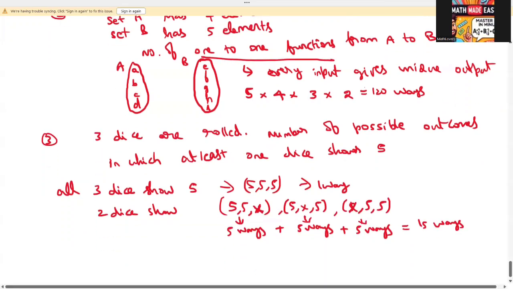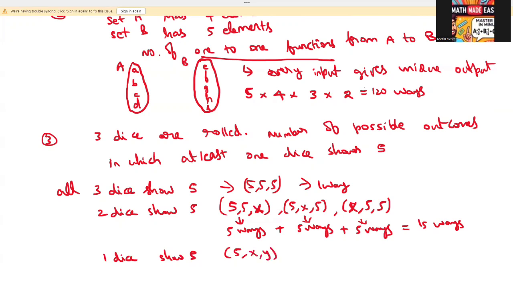Now let me bring it to only one die showing 5. So it could be 5, x, y, or x, 5, y, or x, y, 5. In this case, x can take any number again apart from 5, so there are 5 ways for it.